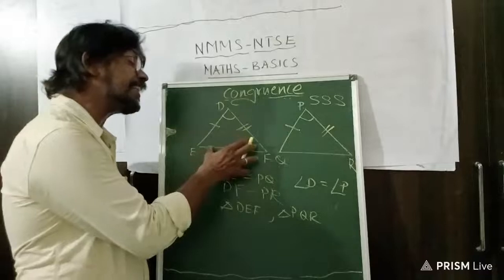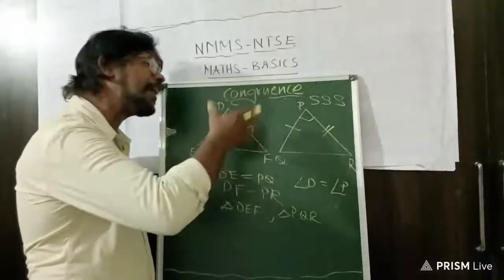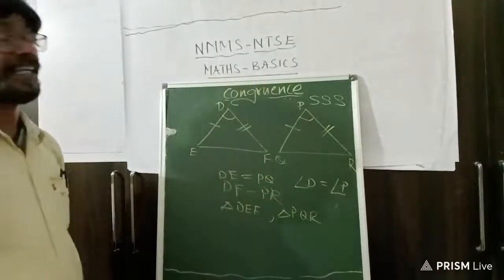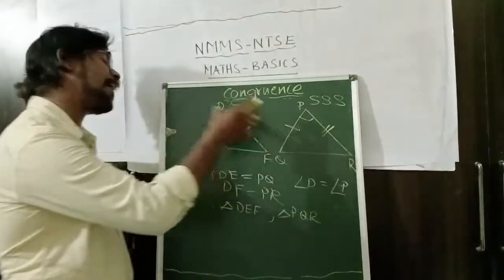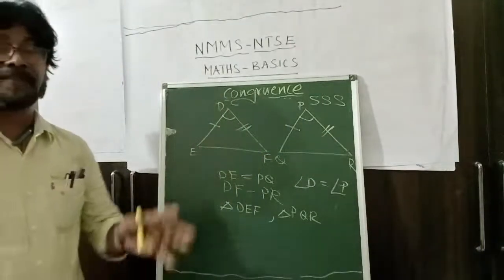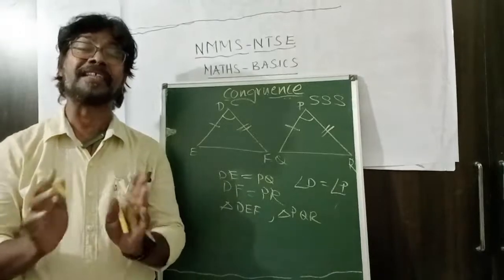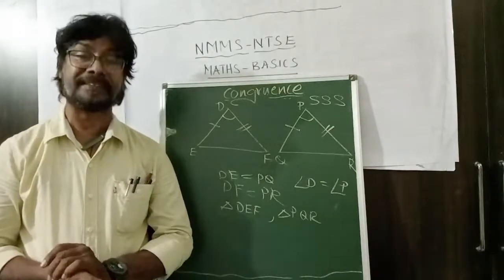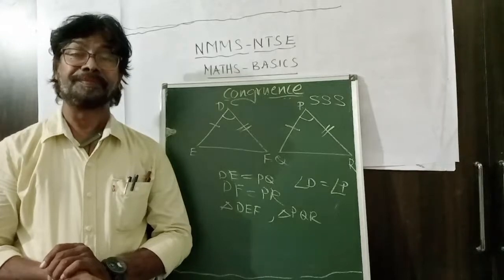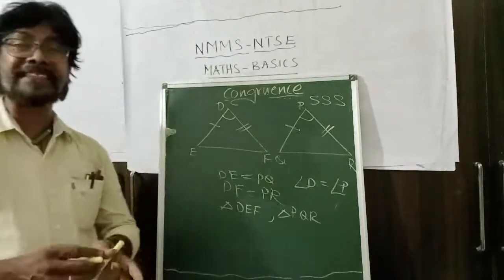And triangle DEF overlaps on triangle PQR, and triangle PQR overlaps on triangle DEF. And if you overlap them, they appear as a single triangle, not as two separate triangles. And it seems to be like a symmetry.